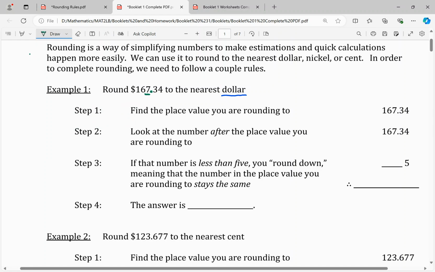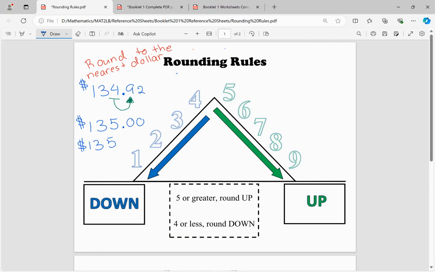So find the place that you are rounding to is step 1. That's our 7. Step 2, look at the number after the place value you are rounding to. Well, the number after the 7 is a 3. The 3 is going to tell us how to round. So, using our cheat sheet, we know that, let me clean this up for you.